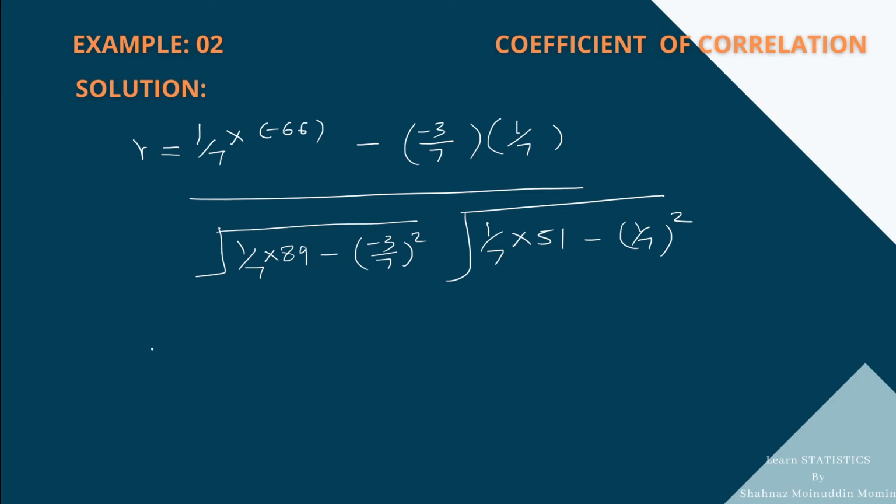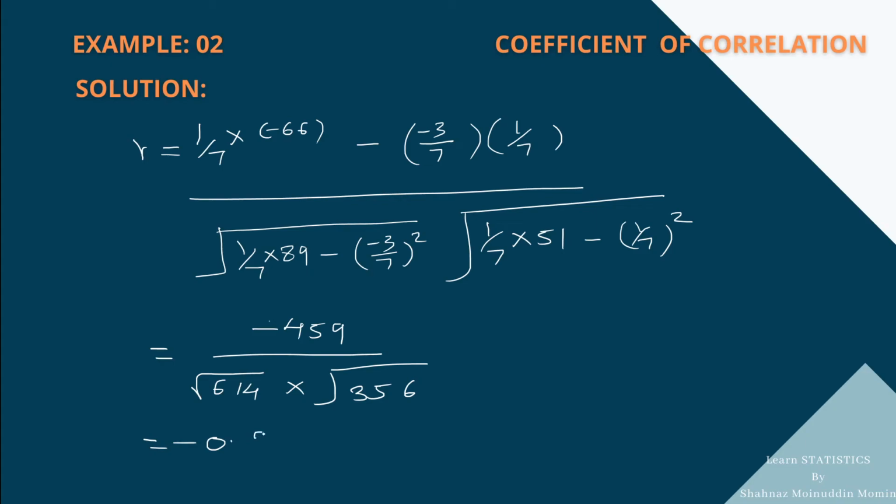So after simplifying all these terms, we get minus 459 divided by under root 614 multiplied by under root 356, and that comes out to be minus 0.98176.